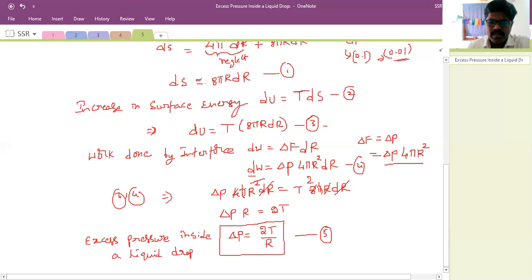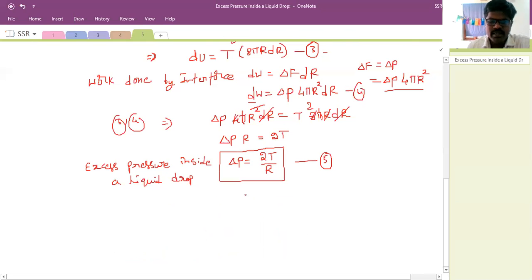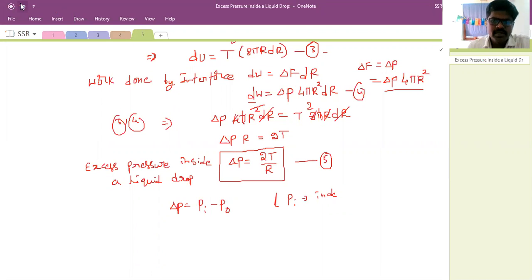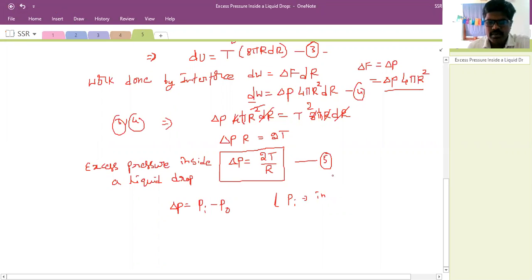That excess pressure is the internal pressure minus the outside atmospheric pressure. So I can write delta P is equal to Pi minus P naught. Here Pi is the inside pressure and P naught is the outside or atmospheric pressure.